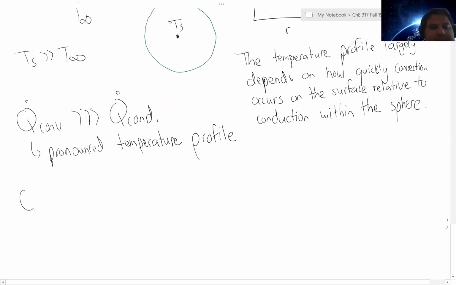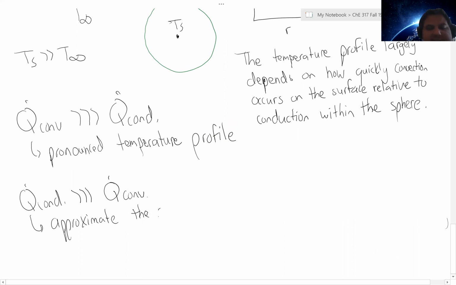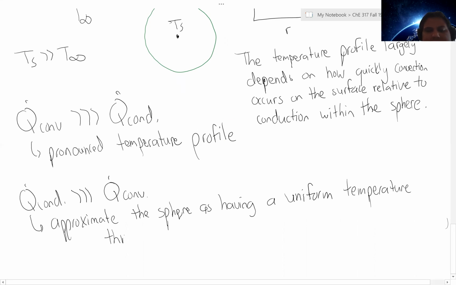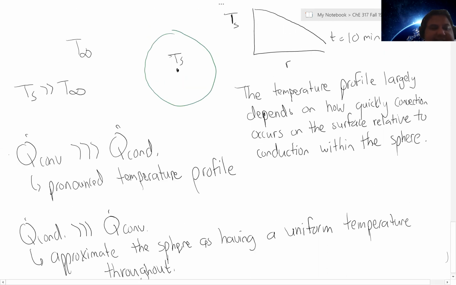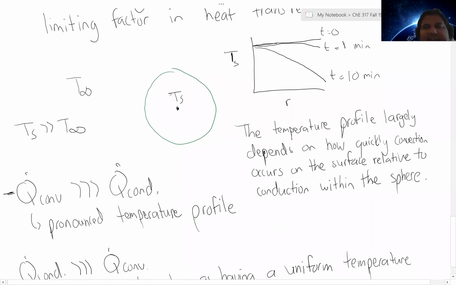However, if my conduction rate is much greater than my convection rate, I can approximate the object or the sphere as having a uniform temperature throughout. And so in this case here, the profiles will be like I've drawn here.